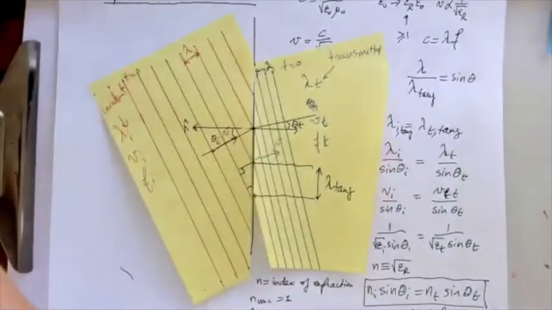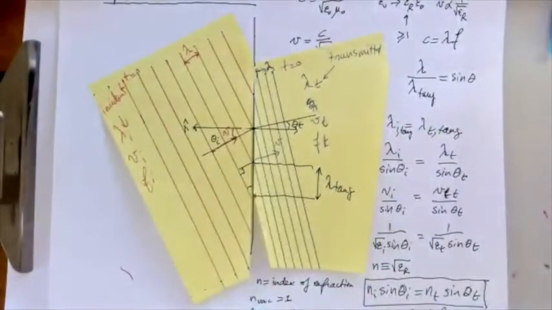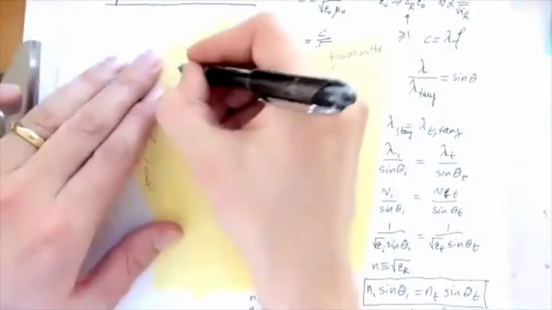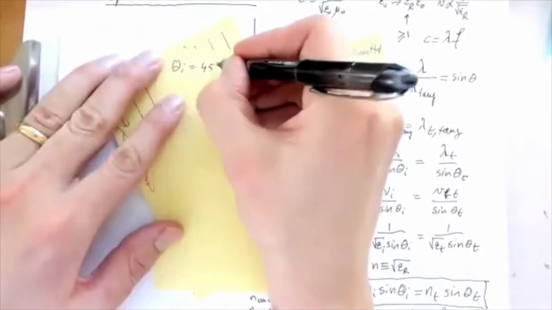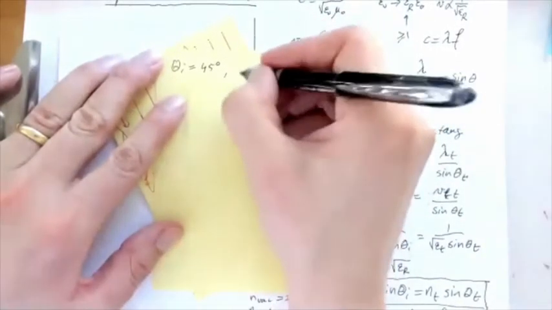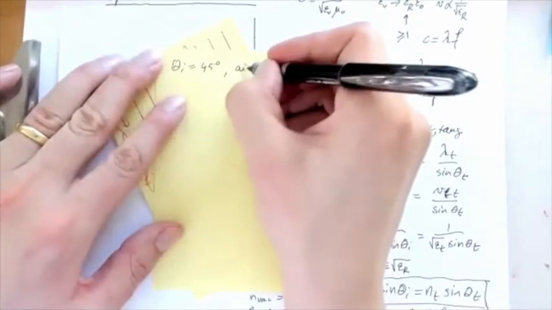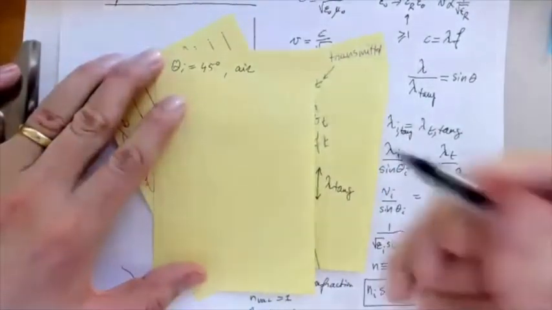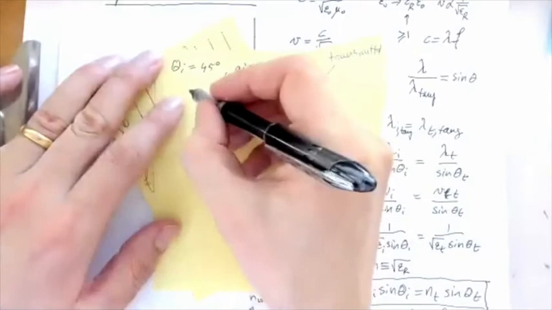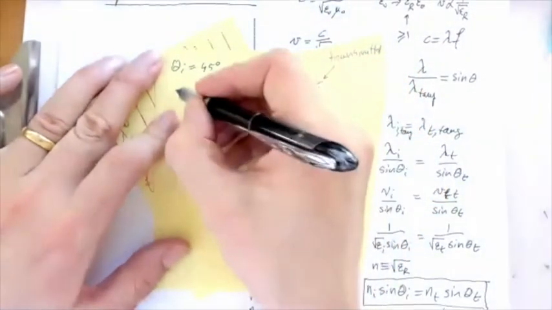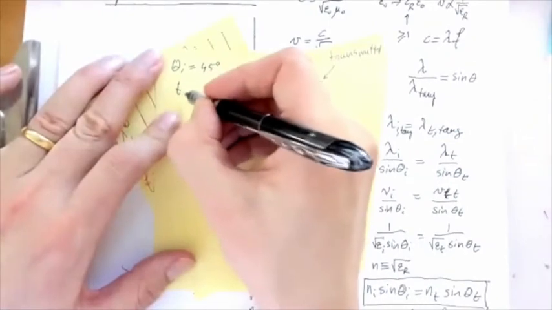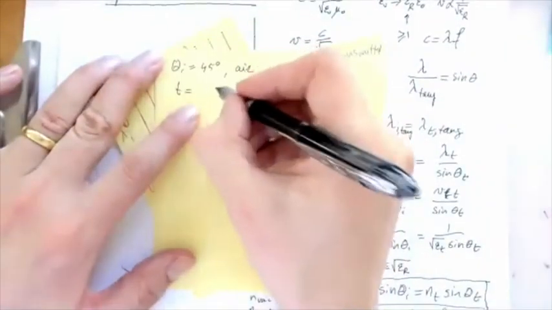Okay, so let's do theta i is 45 degrees, in air, and just use n is 1 for air. And the transmitted medium is water.